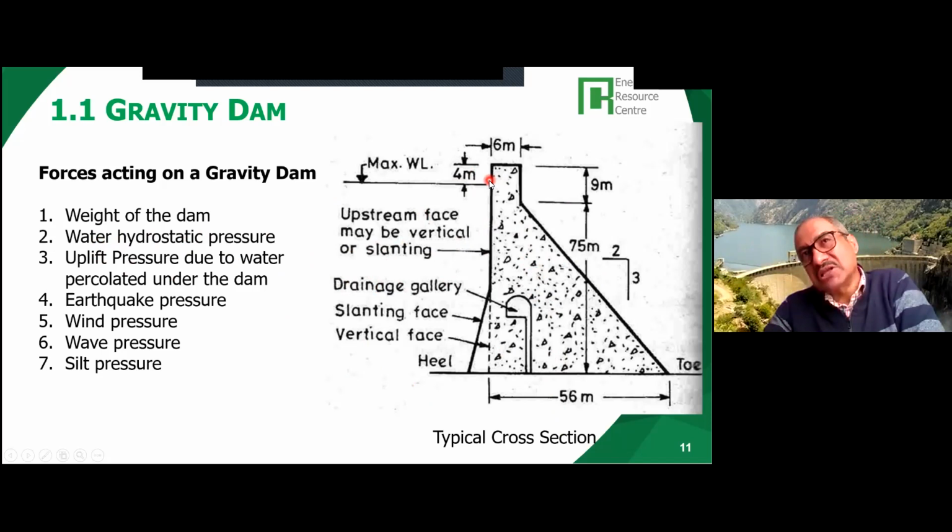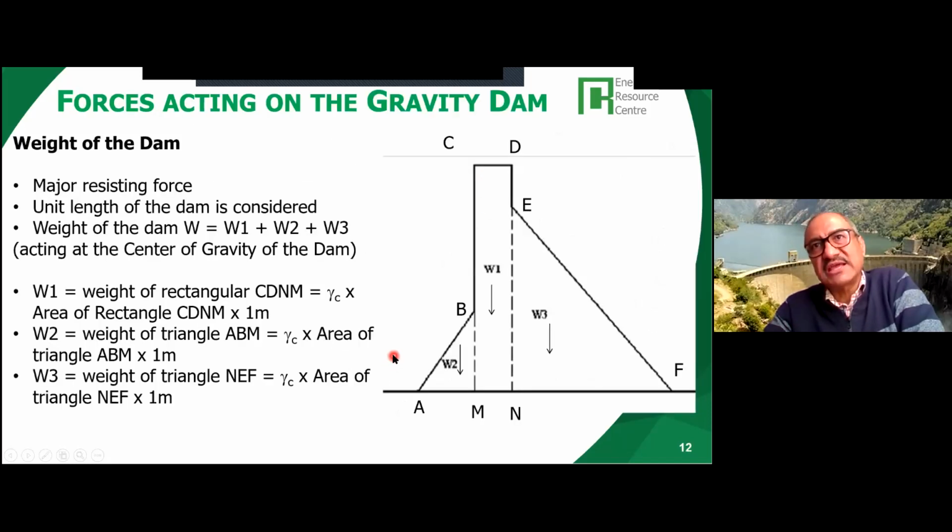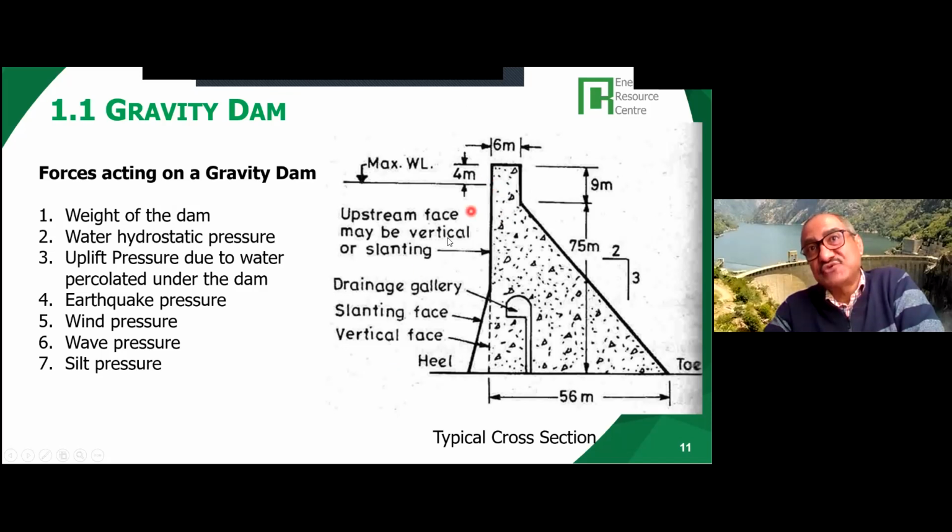On the top, at the water surface, the pressure will be zero because this is atmospheric pressure. But as you go down, it forms a triangle-like distribution, which gives you the forces acting on the vertical side of the dam. This is what is known as the hydrostatic pressure.